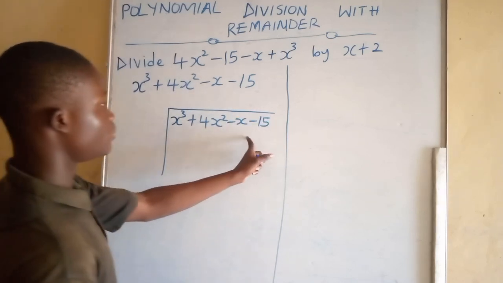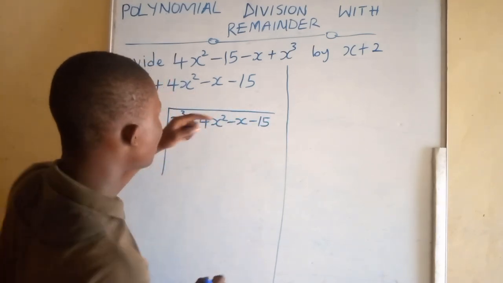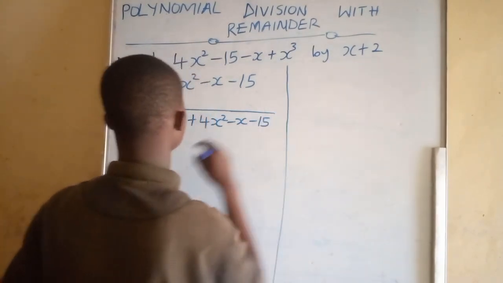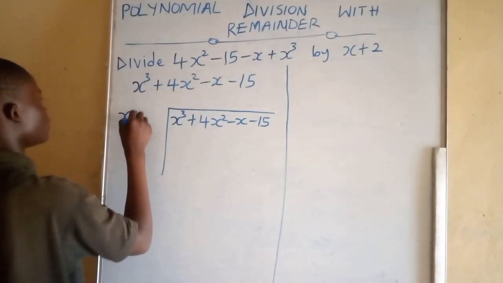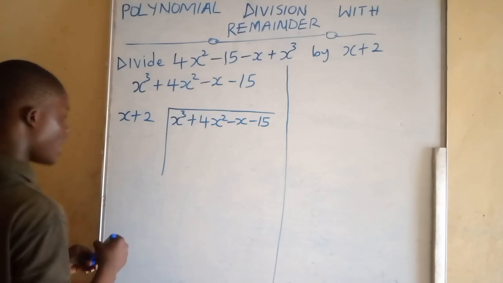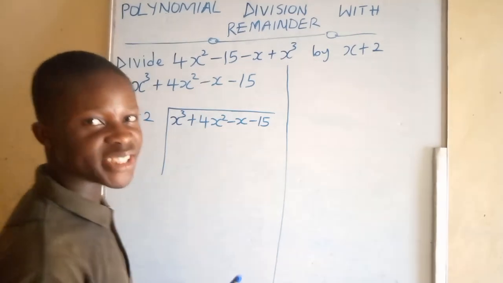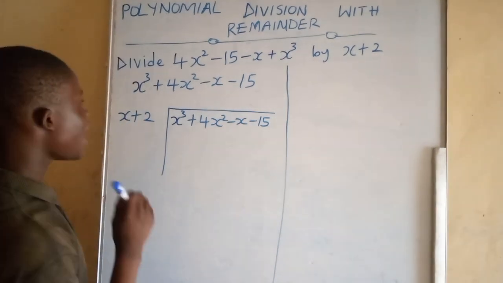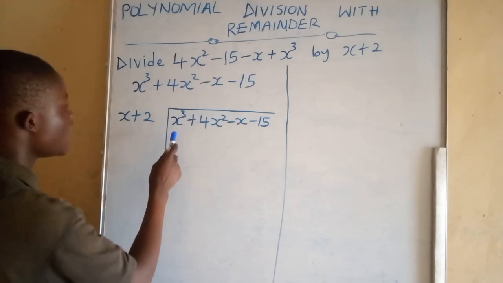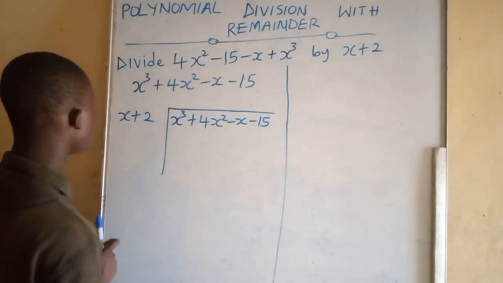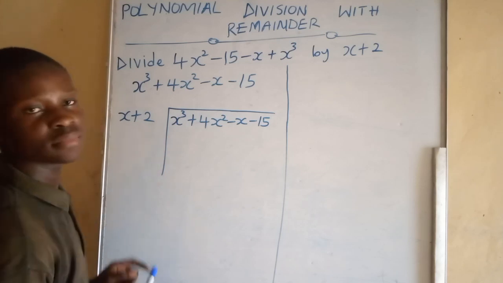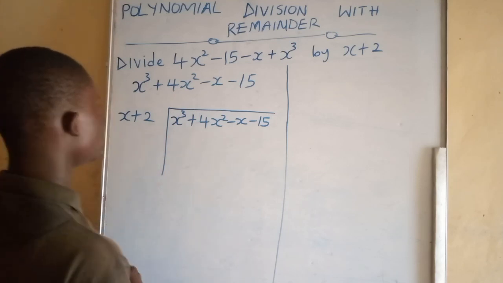This is our dividend. Put it inside this table. Now our divisor, which is x plus 2, put it here. As I said in the last video, you have to divide each term here by what is here. Now let's start.